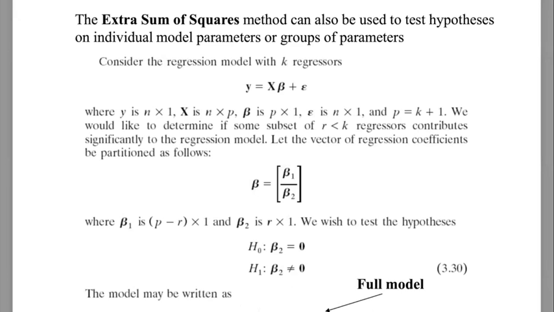Because both of those terms, X1 beta 1 and X2 beta 2, are in the model, this is still the full model, but it's a decomposition of that X times beta.